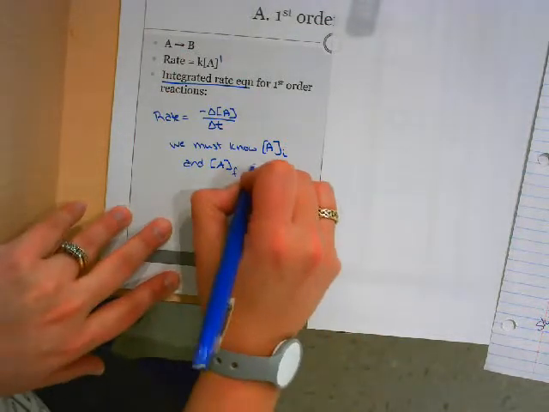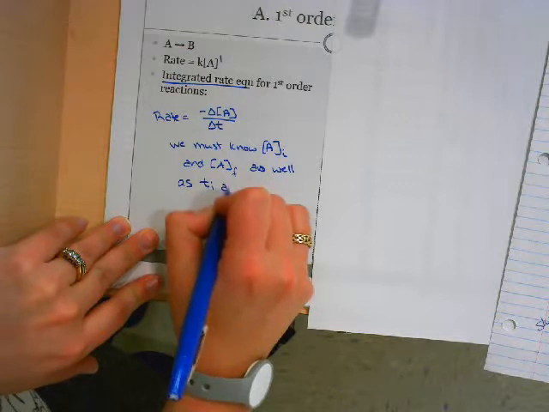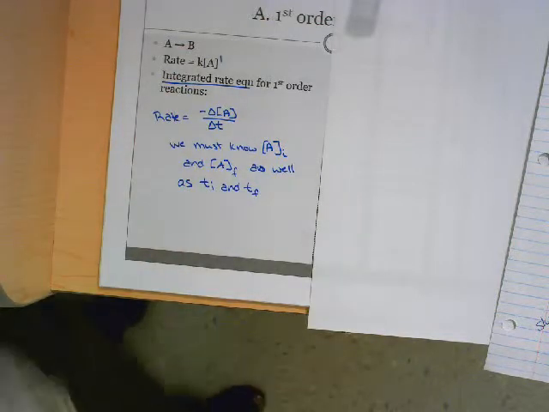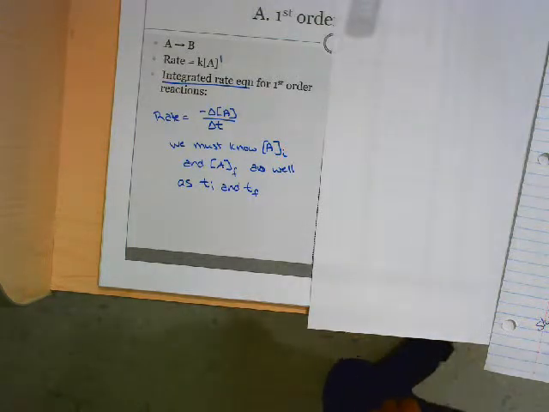In order to figure out the change, you have to know two points. Also, to describe it, you have to know the initial time and the final time. How long did it take to change that concentration? Otherwise, there's no big delta. So, skipping the integration and getting right down to the actual integrated rate law.